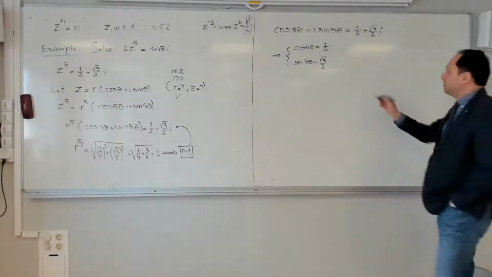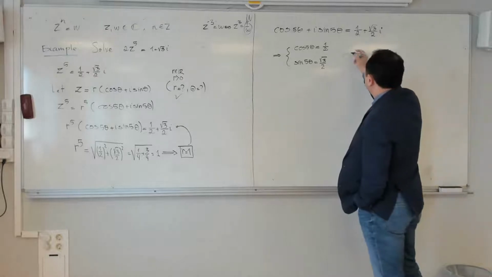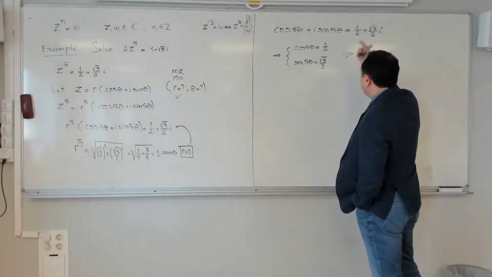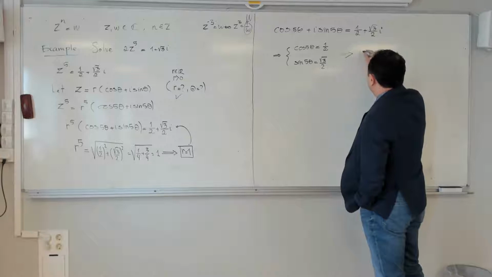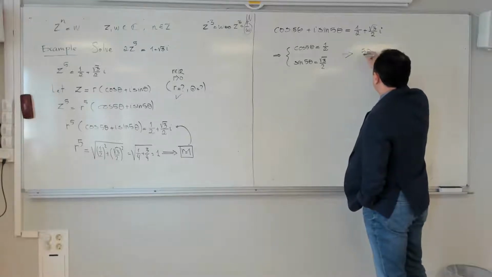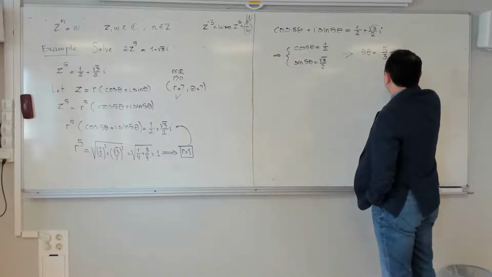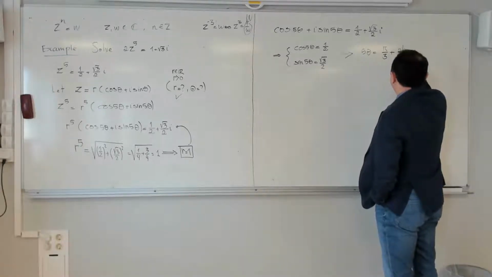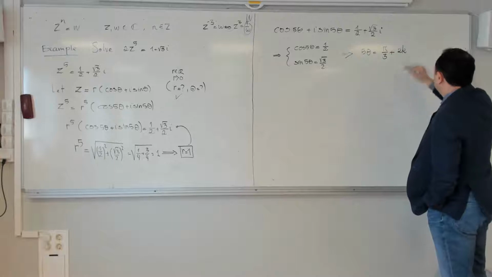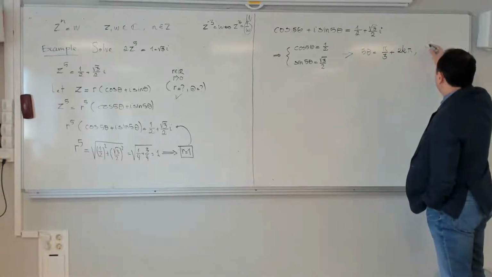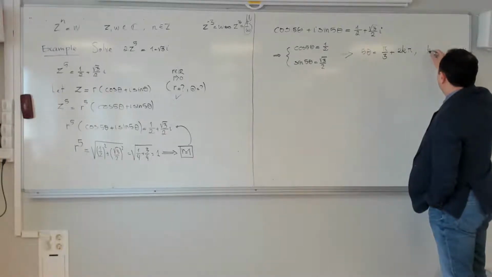So do you remember what this angle is? There's only one main angle with this property, and that is 5 theta. It is 60 degrees, which is pi over 3. But of course, you know that you need to write plus 2k pi, and k belongs to the set of integers.